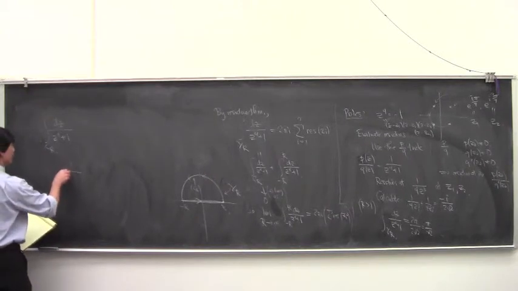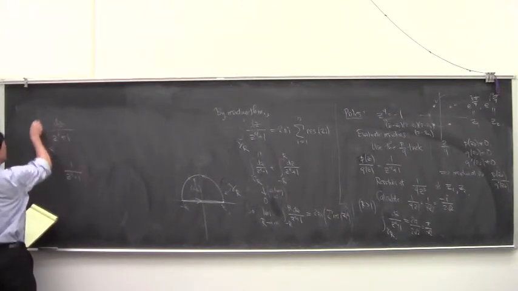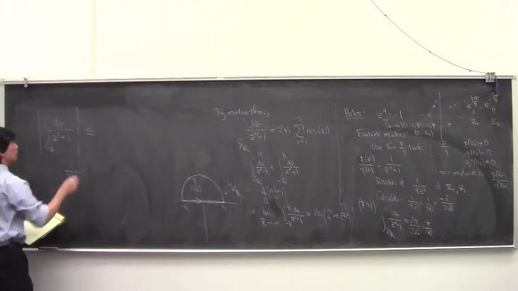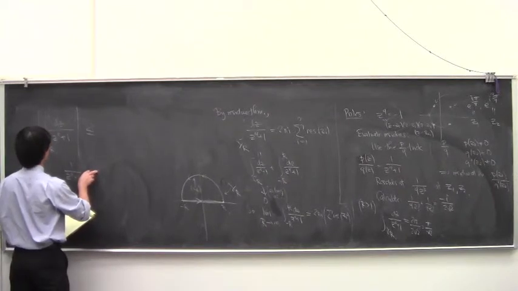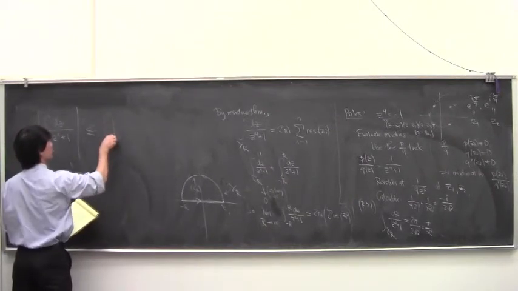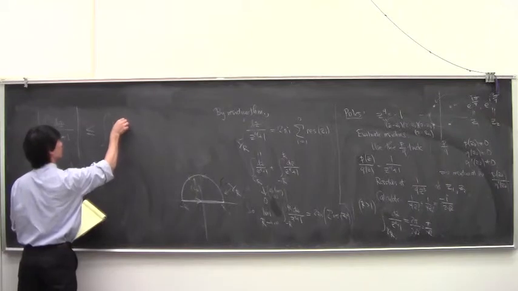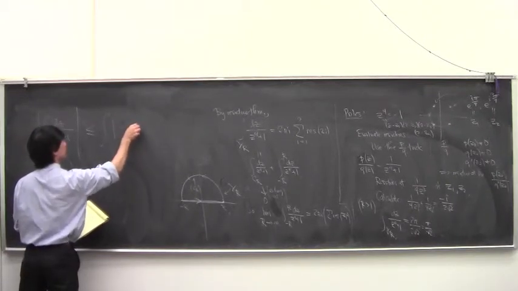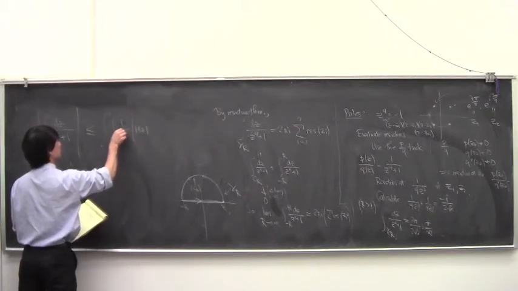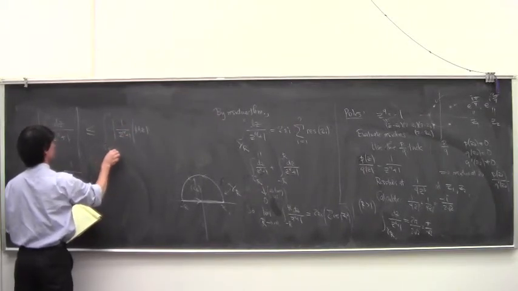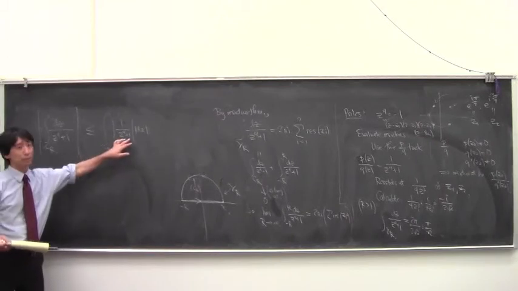We have 1 over z to the fourth plus 1, right? How are we going to bound this? Well, of course we could say, but what bound do we get on this thing?